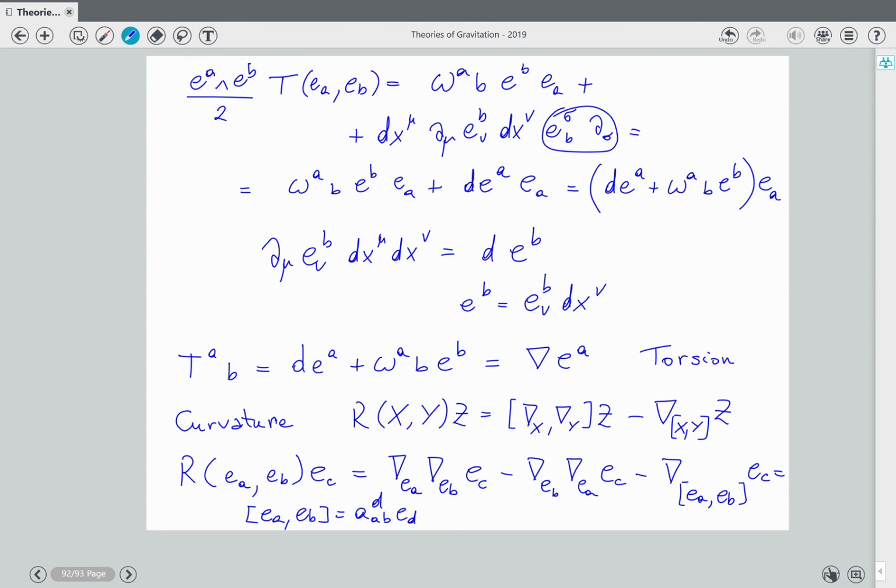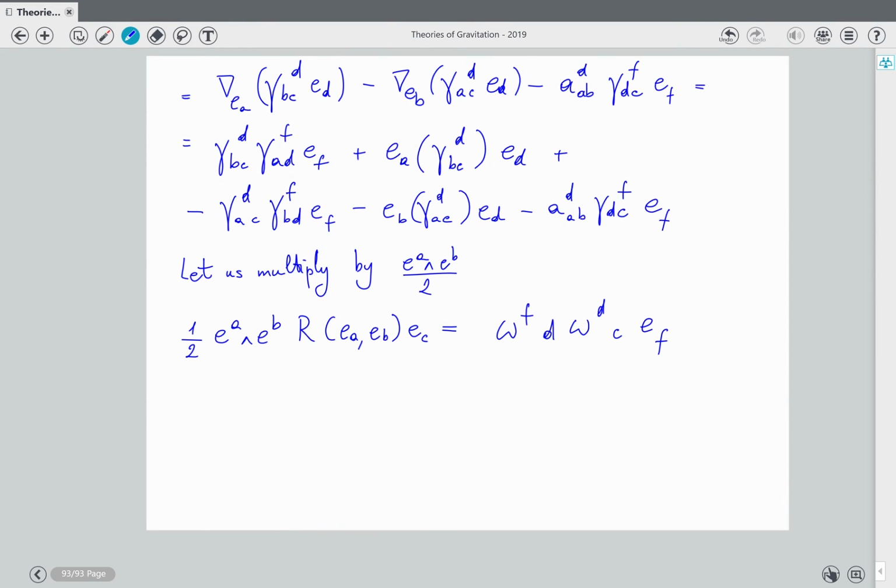Probably I forgot something here. No. It's okay. With a factor 1/2, but then there will be a contribution which is obtained by exchanging A and B and changing the sign.